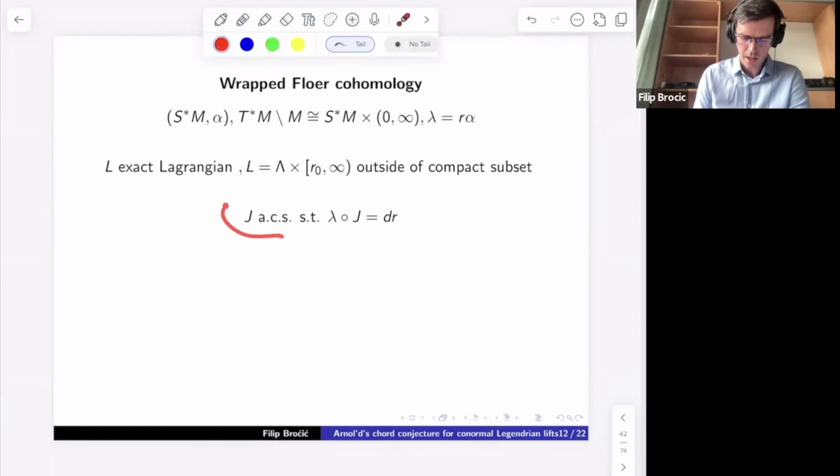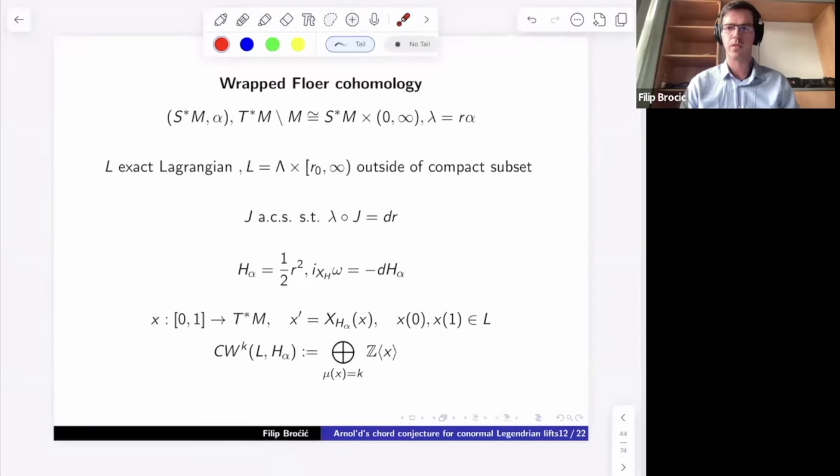Although here I'm slightly cheating, because in the next step I'll assume that my Hamiltonians are quadratic, because I don't want to go into the details about direct limits right now. So I'll take a quadratic Hamiltonian with respect to the radial direction, and we have the induced vector field as minus the symplectic dual of the differential.